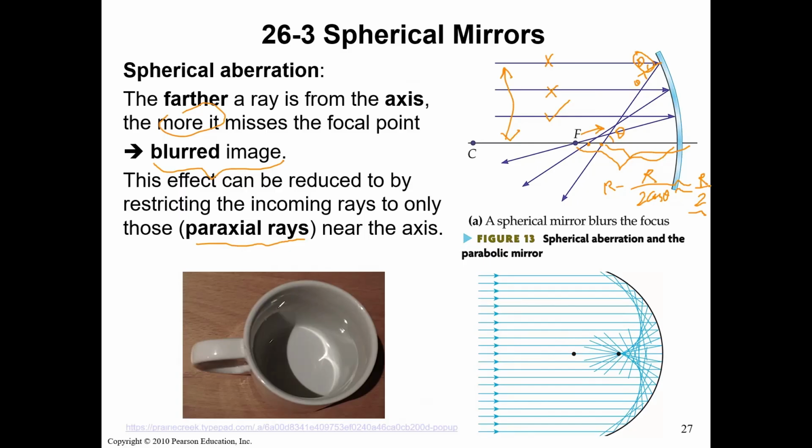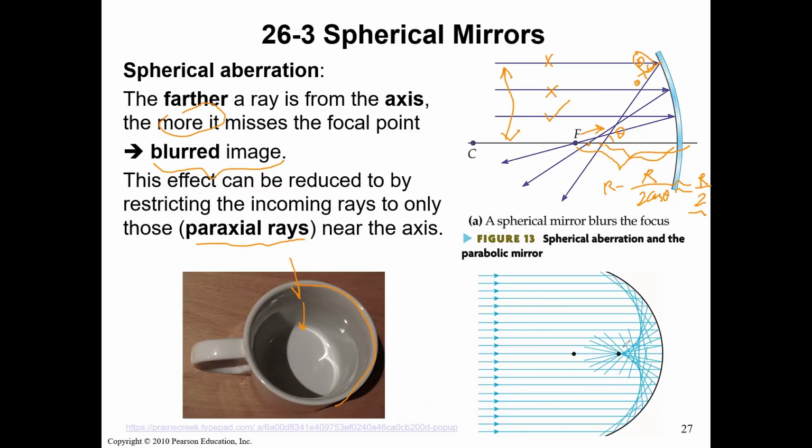Okay? And you can also see this phenomenon in this cup, when you shine sunlight from above. The sunlight is reflected by the wall, and the wall of this cup is basically a concave spherical mirror. It will be reflected towards the bottom of this cup. We see that the wall of the cup has all those angles of incidence or angles of reflection.